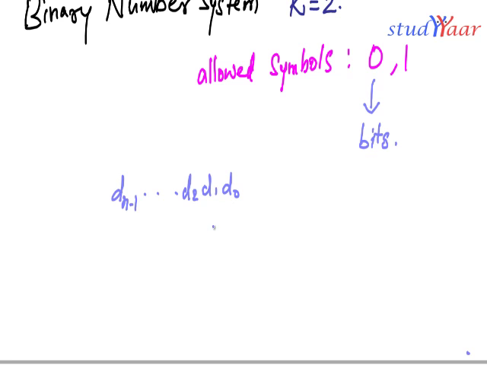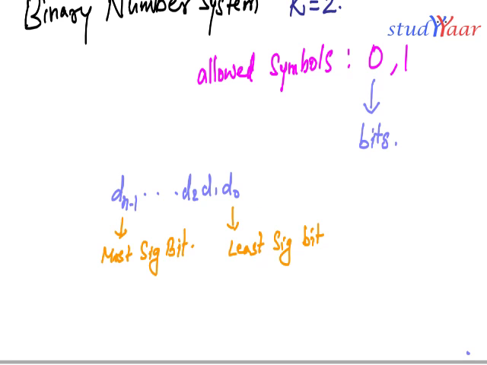Okay, then all these D0, D1, D2 are bits, and my D0 is the least significant bit. Okay, and my Dn minus 1 is the most significant bit.